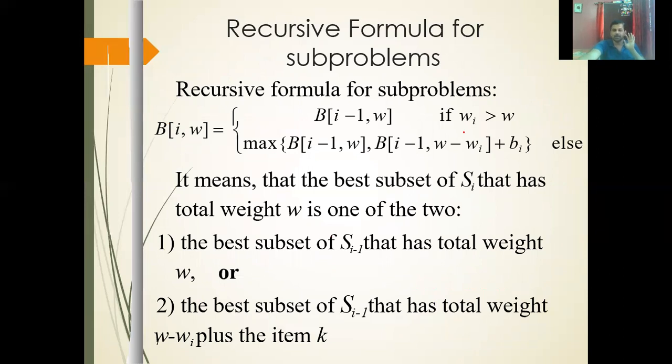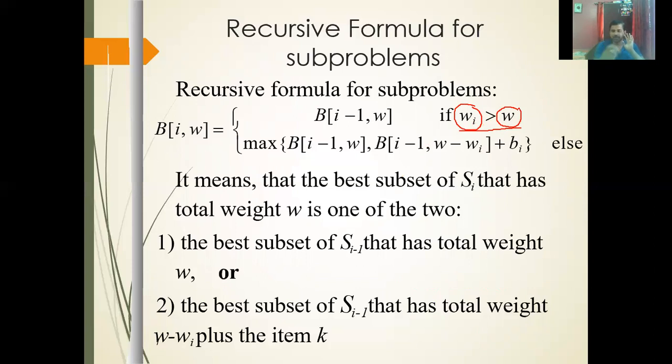See this condition. Wi means the weight of the corresponding item i. If this is greater than the current weight of the knapsack, the current weight we are calling by a small w.